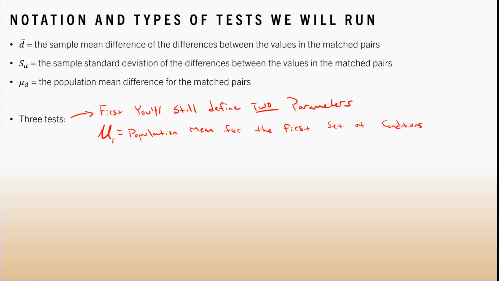You can have mu1 be the before or after conditions. It doesn't matter. And mu sub 2 will be the population mean for the second set of conditions.